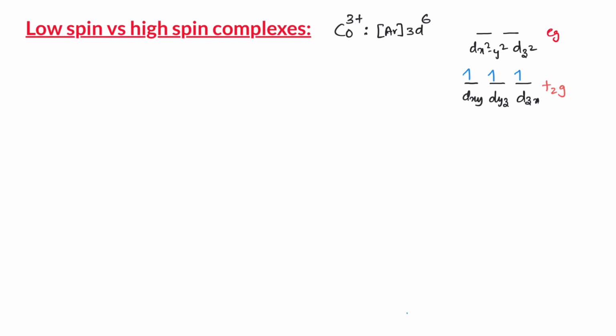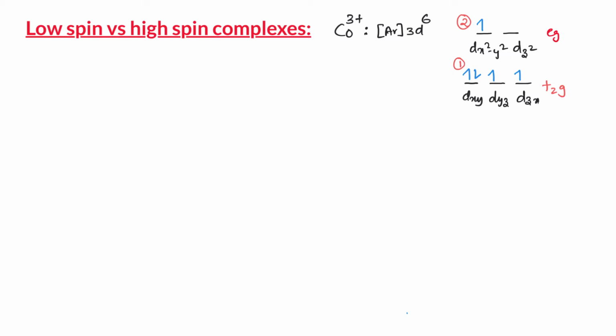For the 4th electron, we have 2 options. Option 1, we place the 4th electron into the t2g orbital and pair it with the first electron. And option 2, we can place it in the eg orbital while keeping the t2g electrons unpaired. Now the question is, which option should we choose?